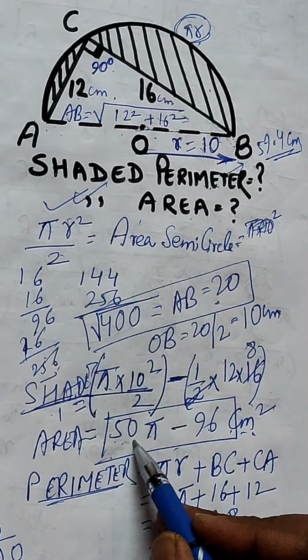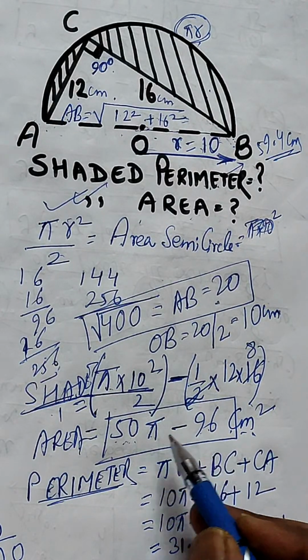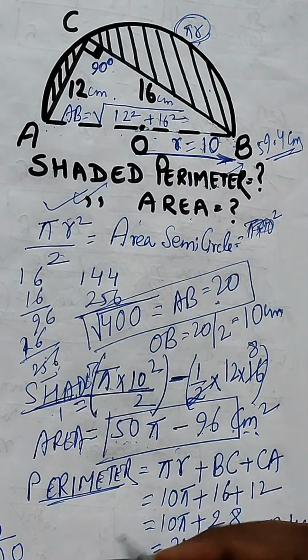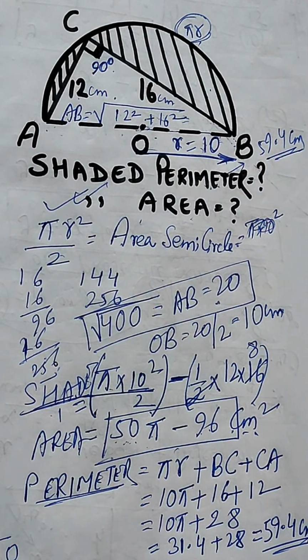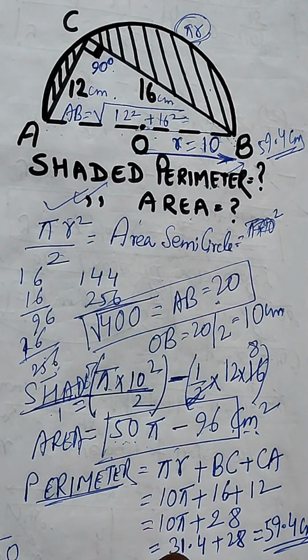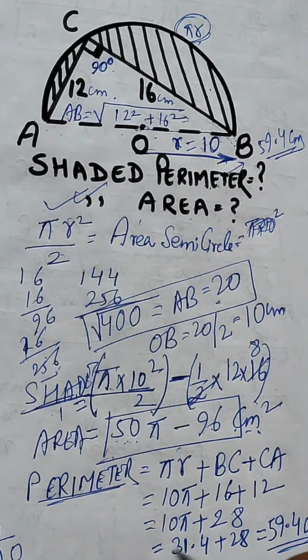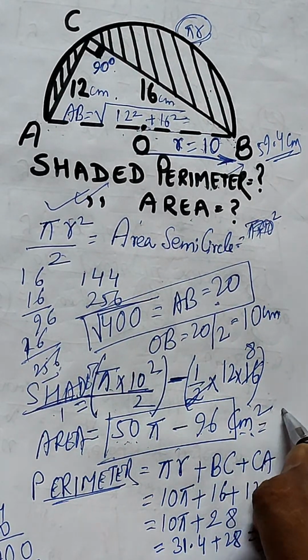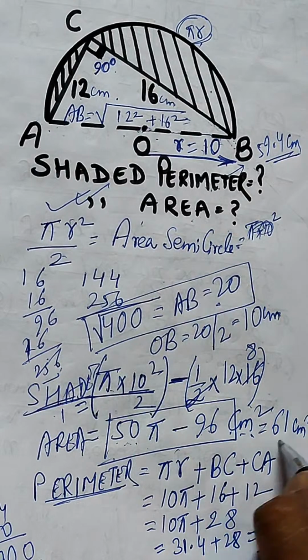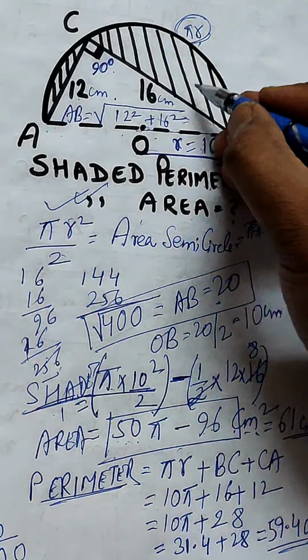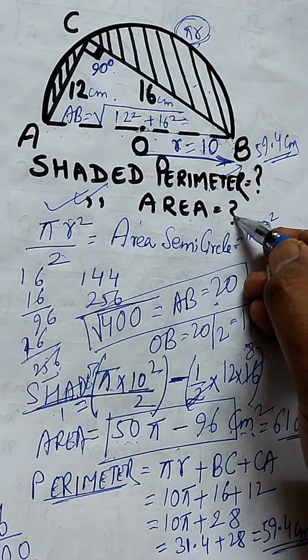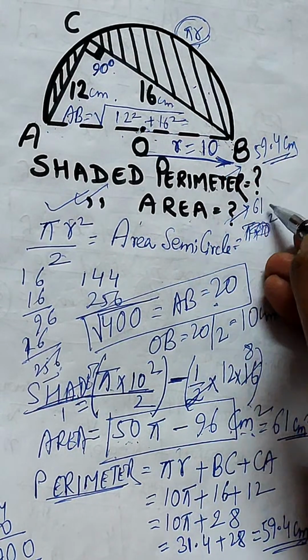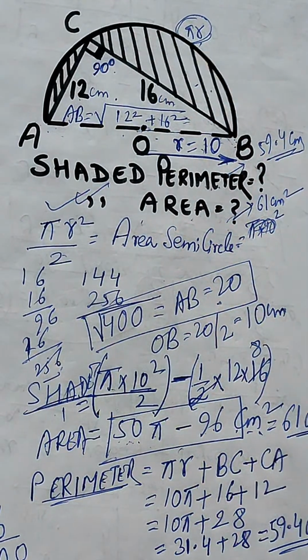So 157 minus 96 is coming as 61. So the area is calculated as 61 centimeter square, right?